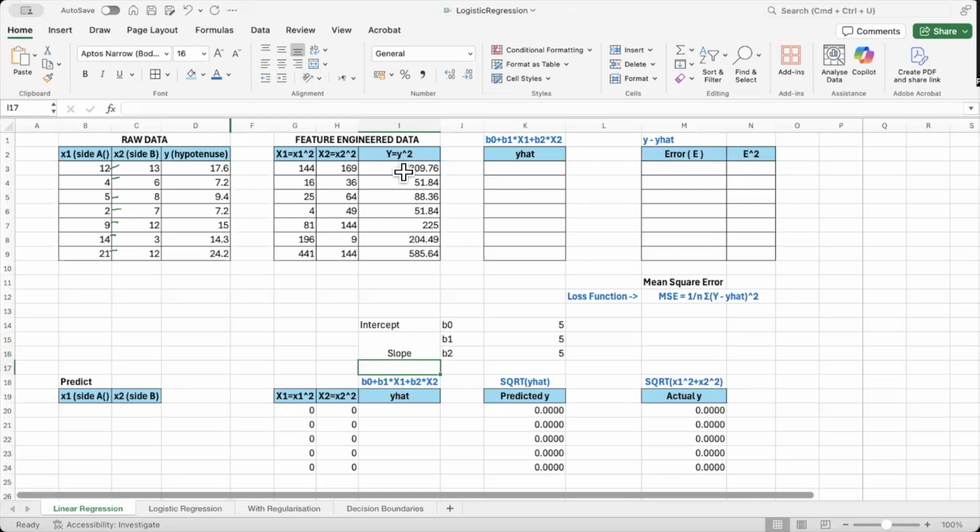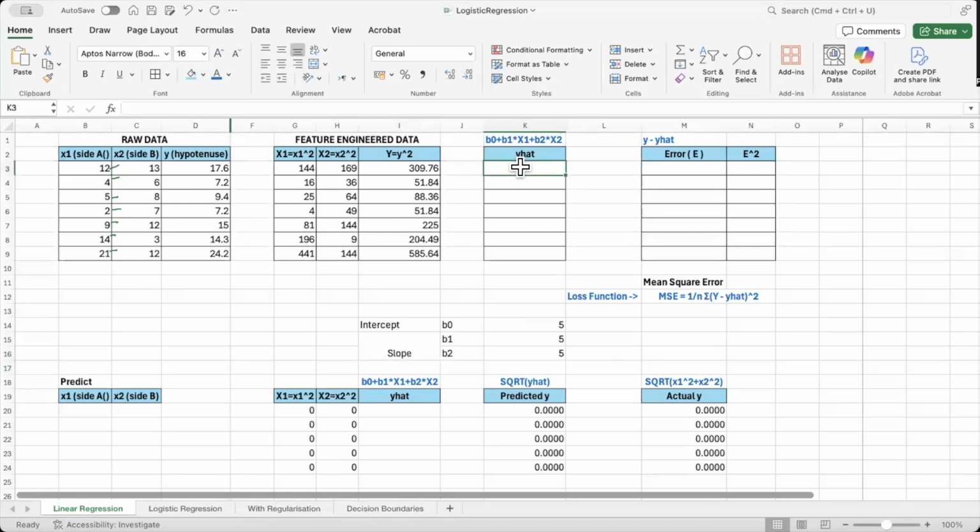So what we do is that we assume some value of b0, b1, b2. I have given some arbitrary value of b0, b1, b2. Based on this arbitrary value, we can try to figure out what is y hat. Y hat is the predicted value of y.